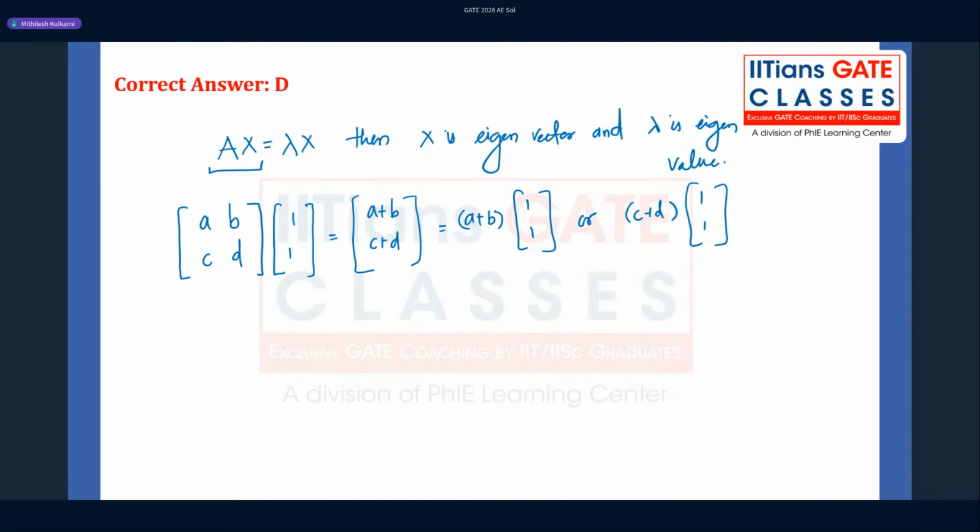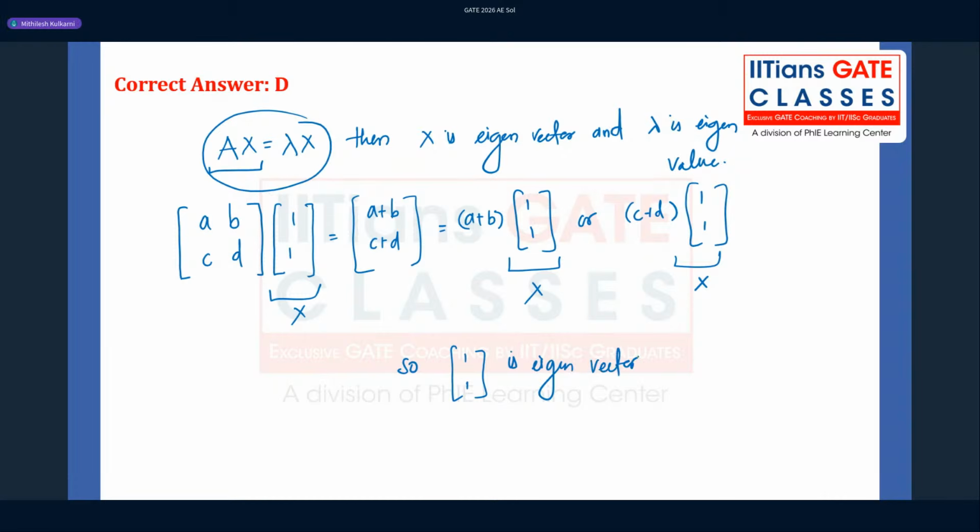What this indicates is that yes, AX is equal to lambda X is satisfied, because ultimately you are getting X. So 1, 1 is an eigenvector, and A plus B is the eigenvalue. Since A plus B is equal to C plus D, C plus D is also an eigenvalue.